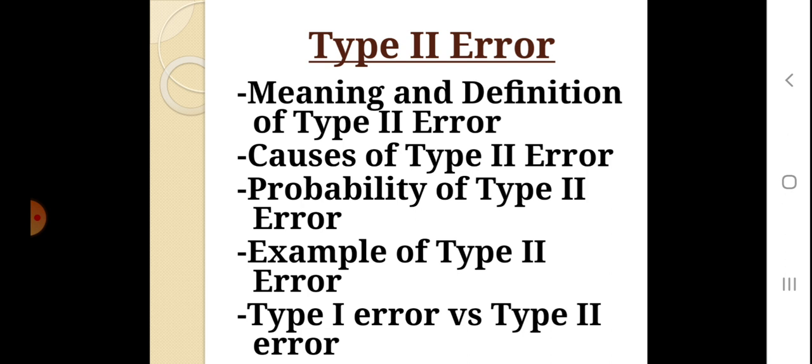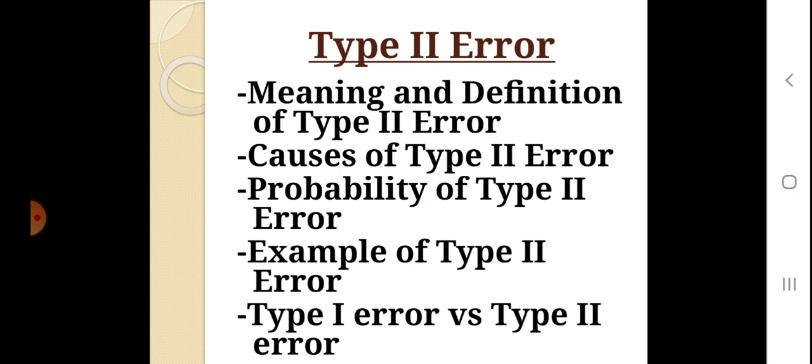And once again I welcome all of you to this session. As you are aware, in the previous lecture we discussed the introduction of type 1 error, basic concepts concerning testing of hypothesis, meaning and definition of type 1 error, causes, probability, and example of type 1 error.